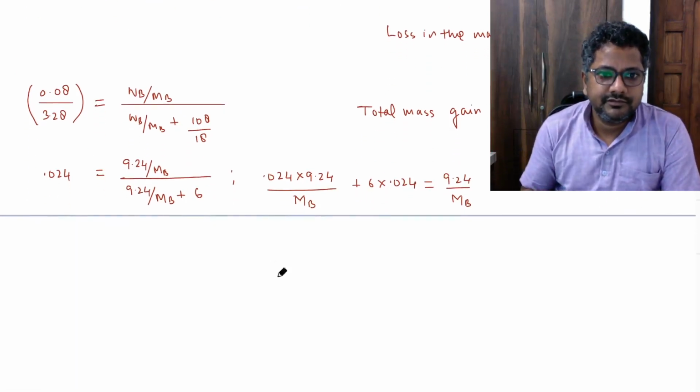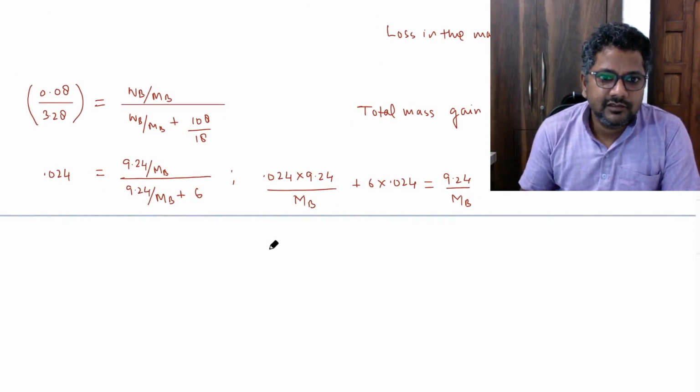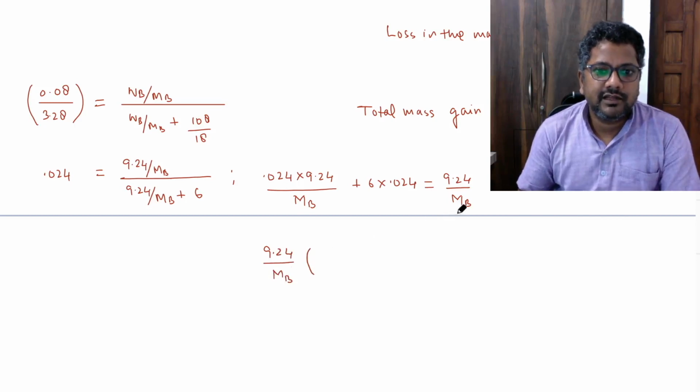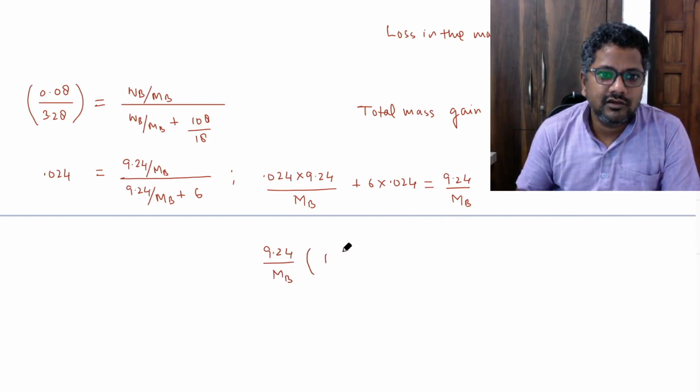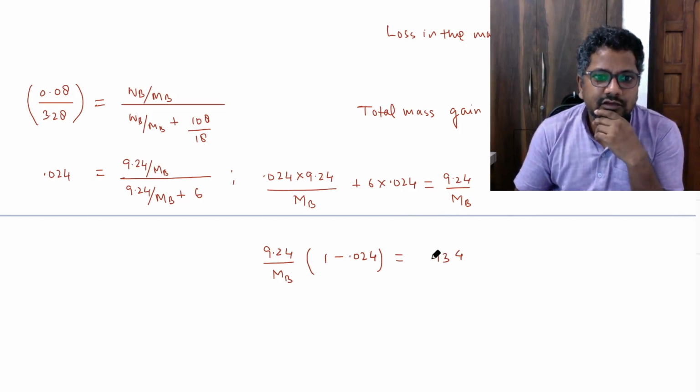So we can write 9.24 by MB within bracket 1 minus 0.024 is equal to 0.134.